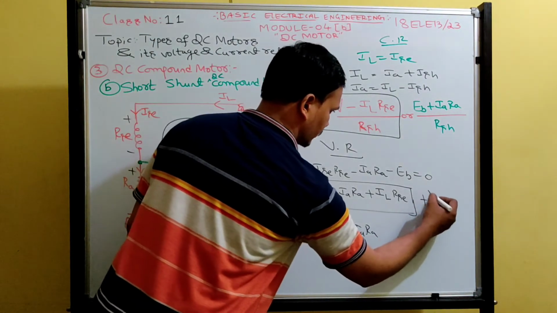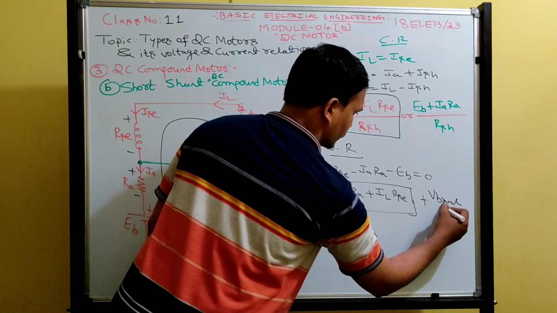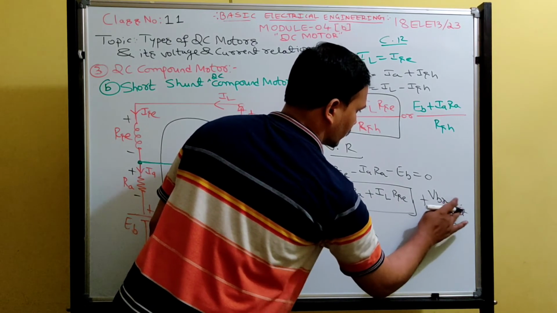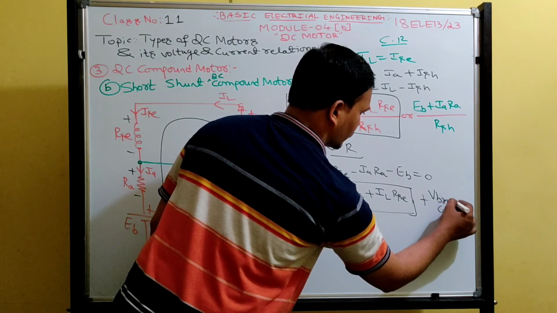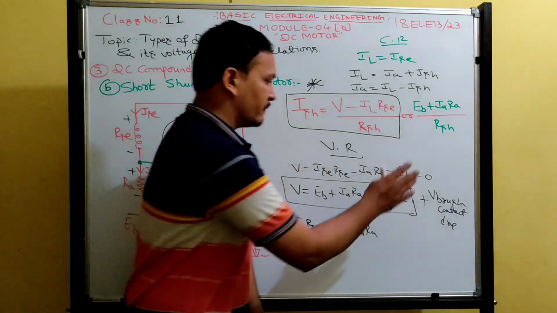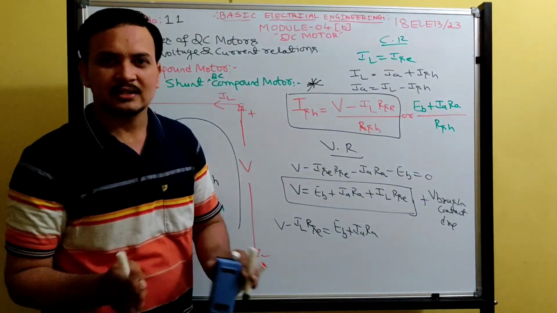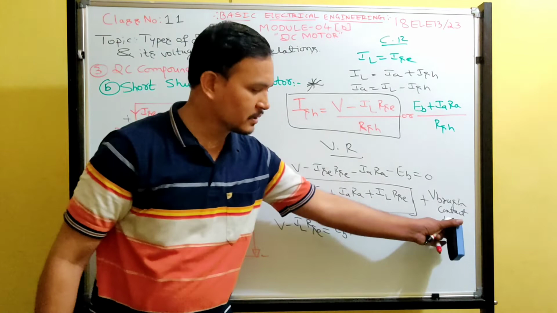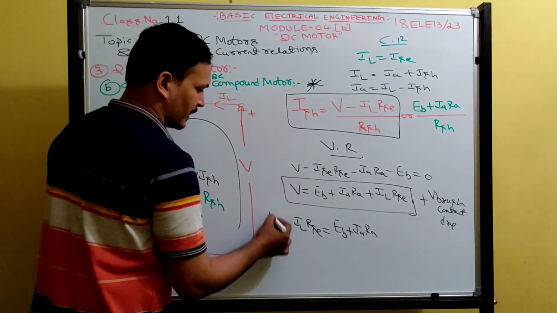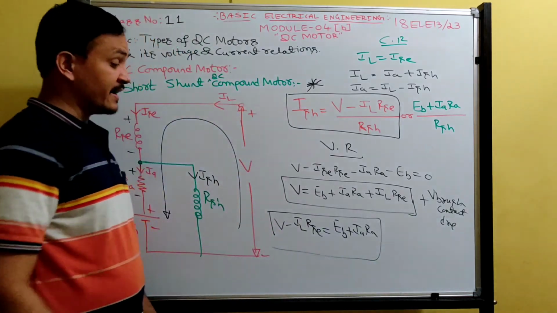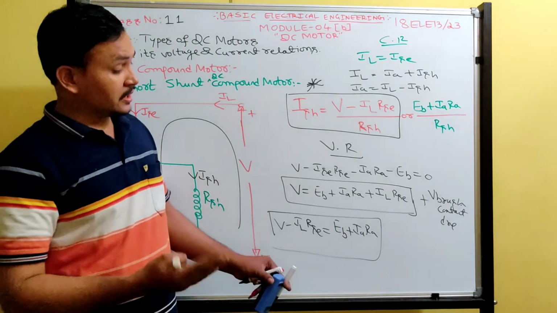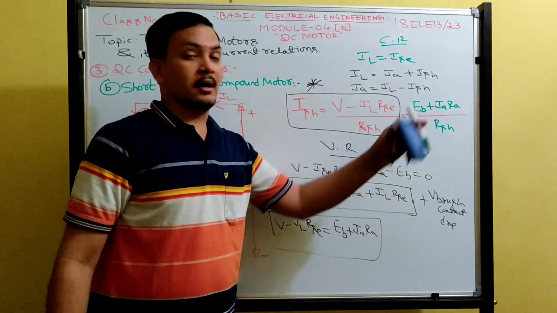So along with this you write V brush, brush contact drop. See, if they give this data, consider. Otherwise, leave it. Take this one 0. Okay, got it? So I gave a reason how V minus IL Rse can be written as Eb plus IaRa.